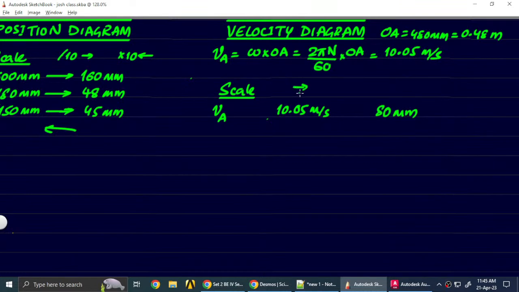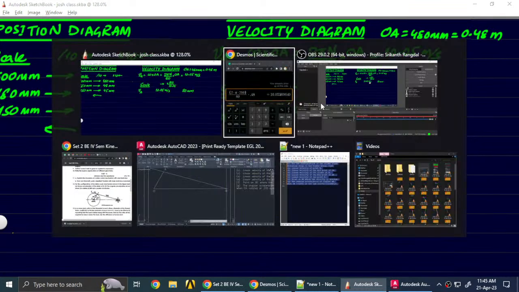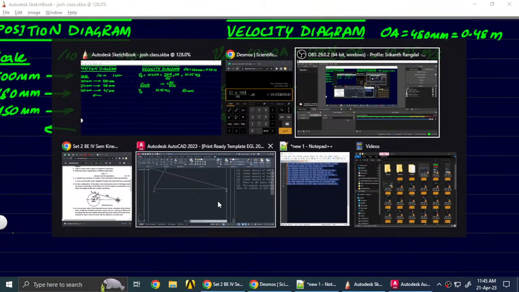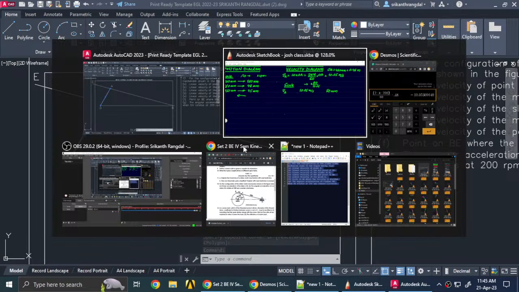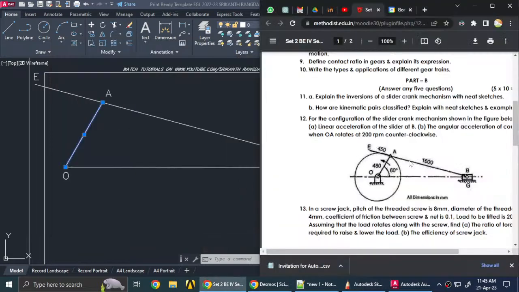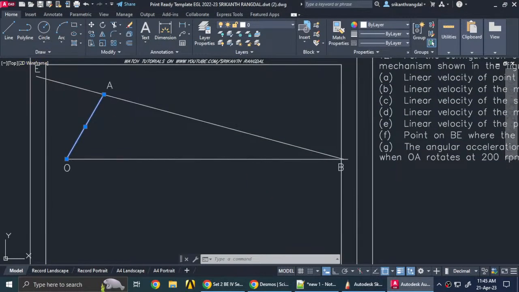When we go from left to right, we have to multiply this with 80 by 10.05. This is the scale that we are using. Every value of velocity that we want to convert into diagram length, we have to multiply by this. Coming back here, we now need a line perpendicular to OA, because the velocity of A will be perpendicular to OA. If we look at the diagram, it's rotating in anti-clockwise direction, so the velocity is going to be in upward direction.